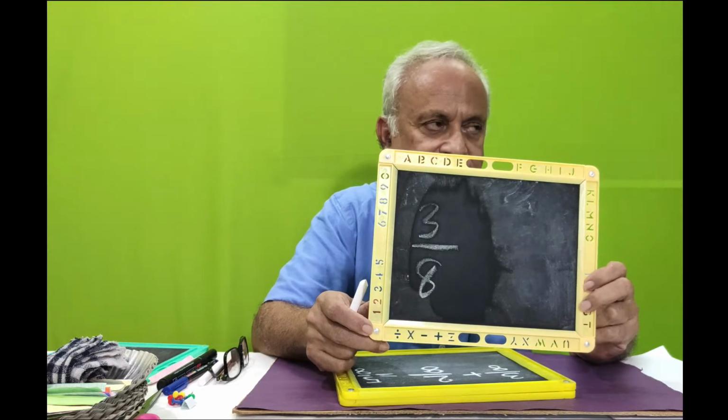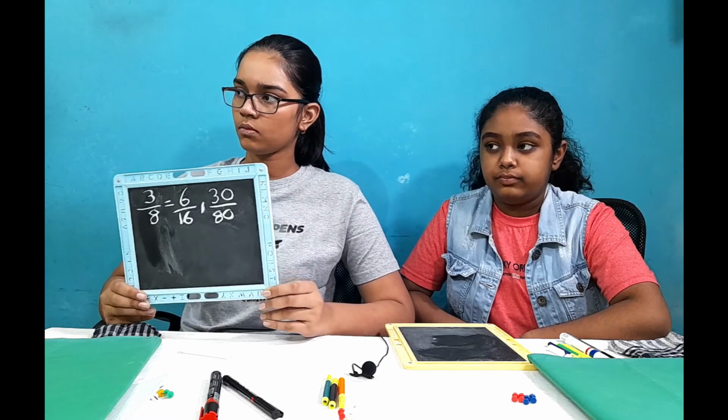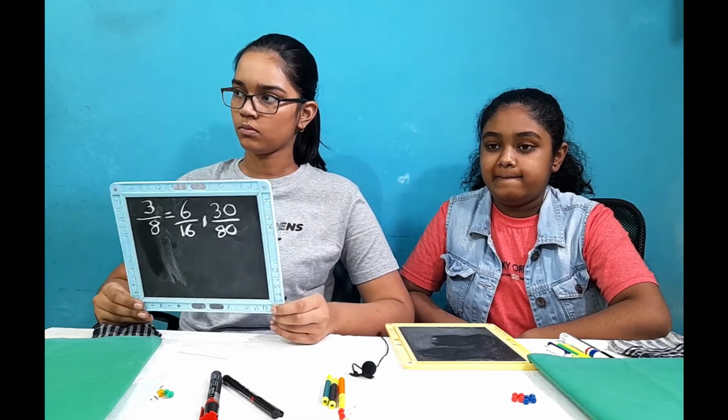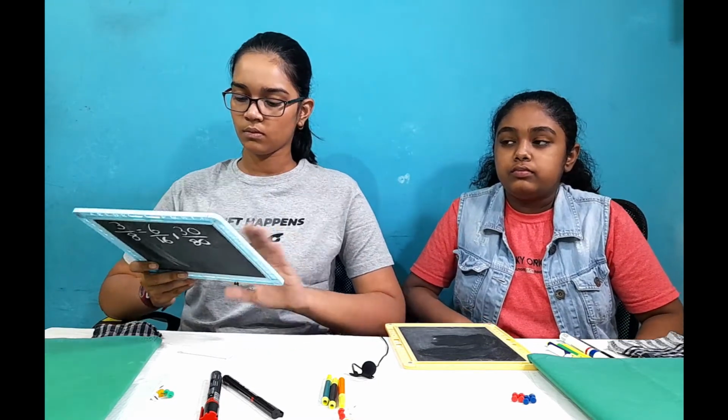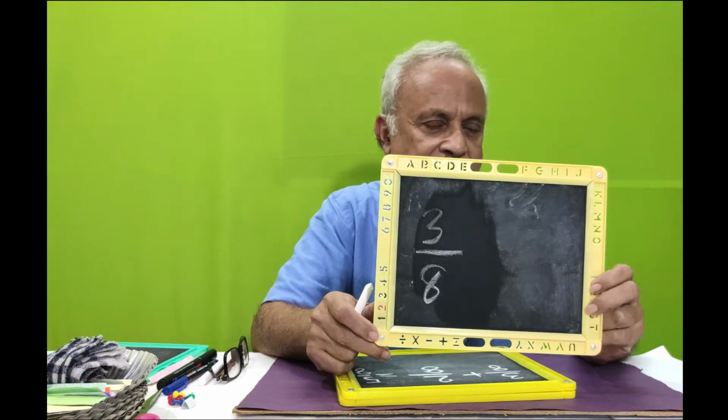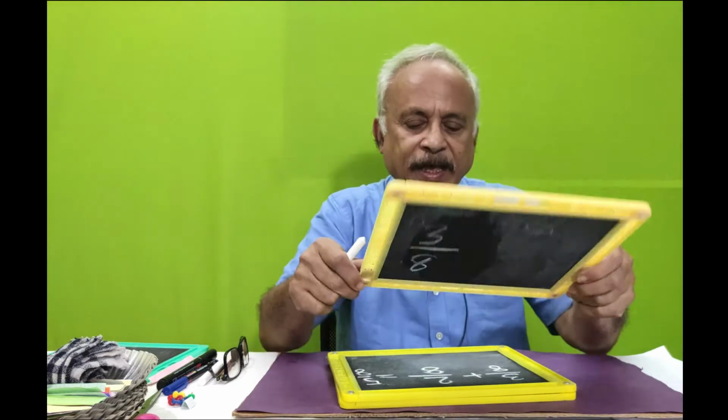Show me. 3 by 8 is equal to 6 by 16, and that's also equal to 30 by 80. Very good. So I think we remember what we have done.